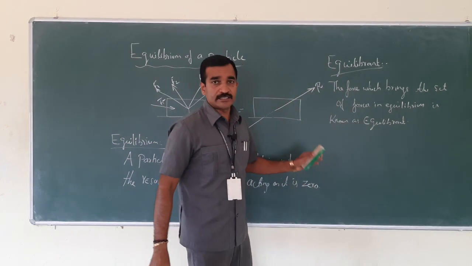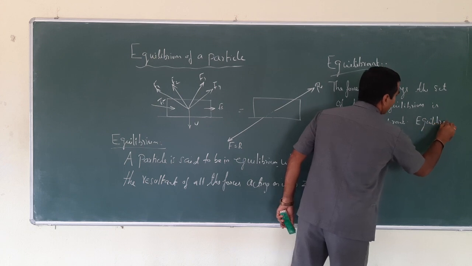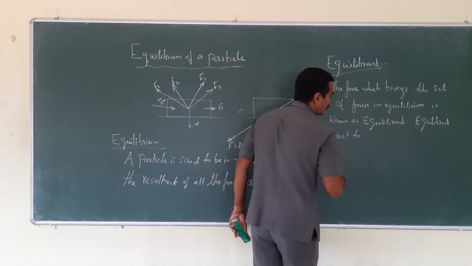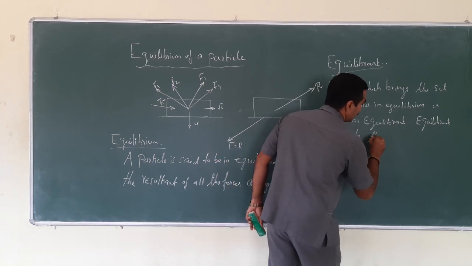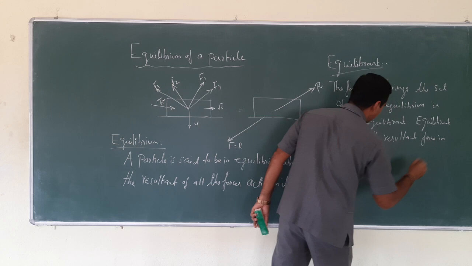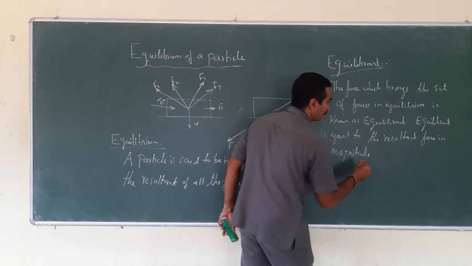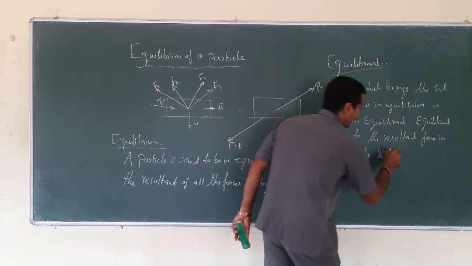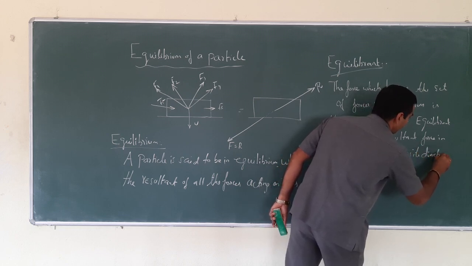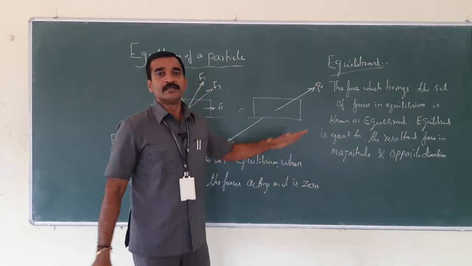This equilibrant is equal to the resultant force in magnitude and opposite in direction, right, and its line of action is along the resultant force.